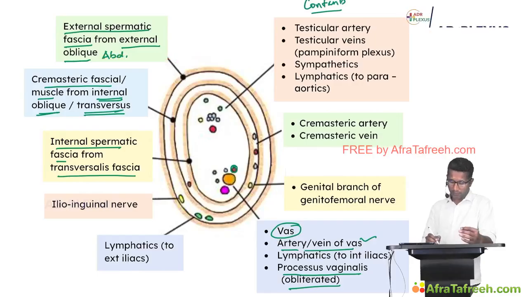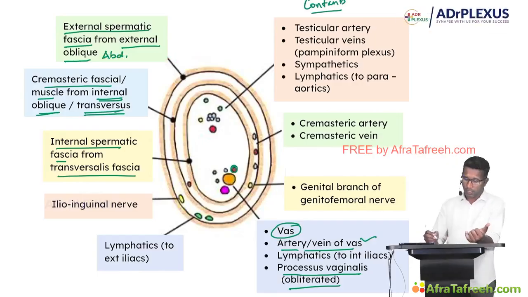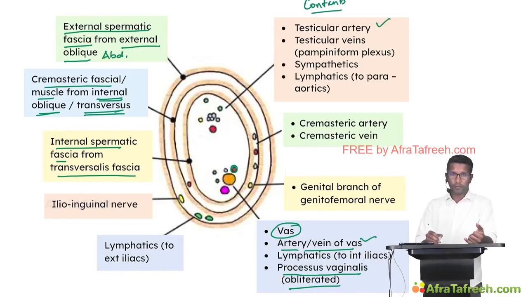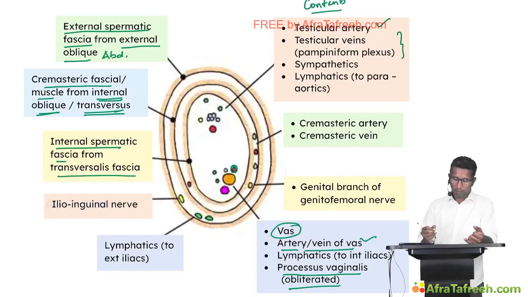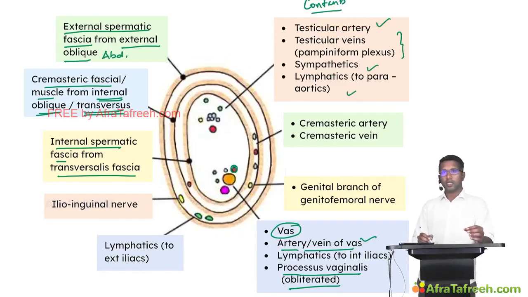The main content is the vas deferens. Apart from these, you have the testicular arteries, which supply the testis, and the testicular vein, which is also called the pampiniform plexus of veins, which carries the blood from the testis, and the sympathetic plexus and the lymphatics are also noted in the spermatic cord. When you hold the spermatic cord, there is not only one content, there are a lot of contents.